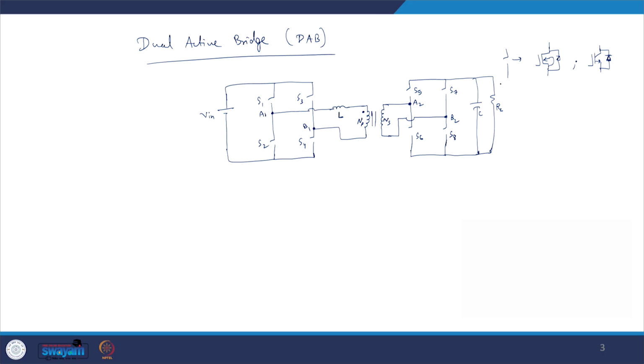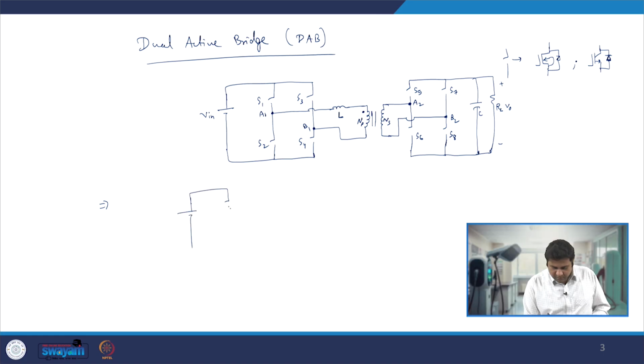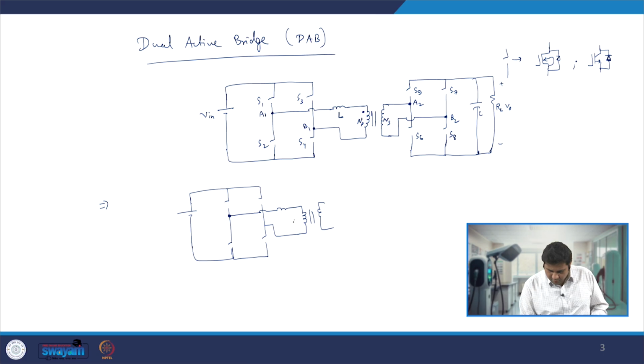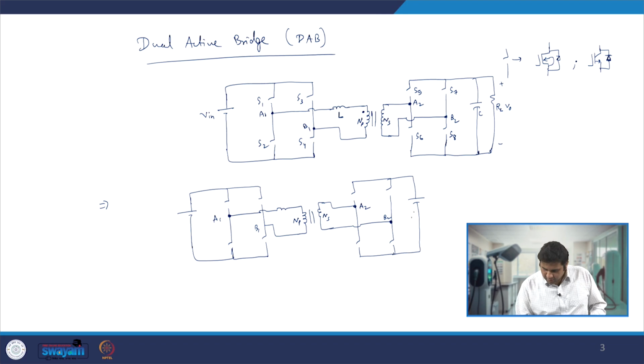So here if we assume that we have a good amount of C with less voltage ripple, we can also draw this converter to be something like V in, my S1, and we can just draw a voltage source V0 if we assume the C is sufficiently high to keep the voltage at a constant value V0 or with a very small ripple.